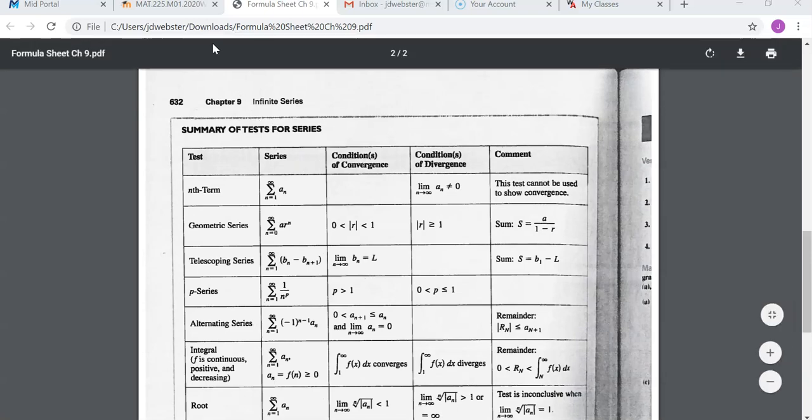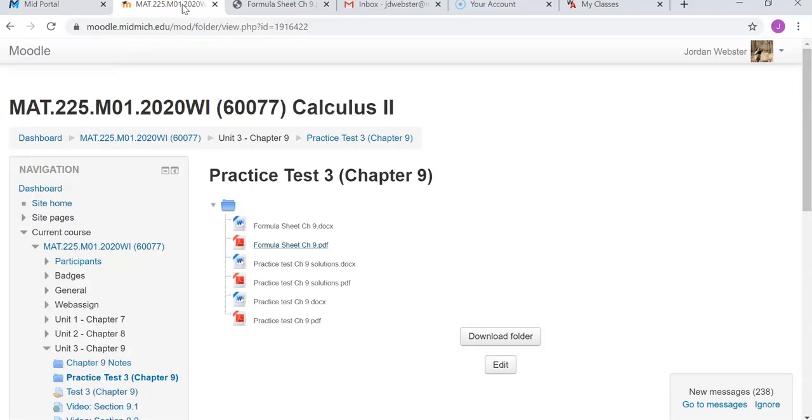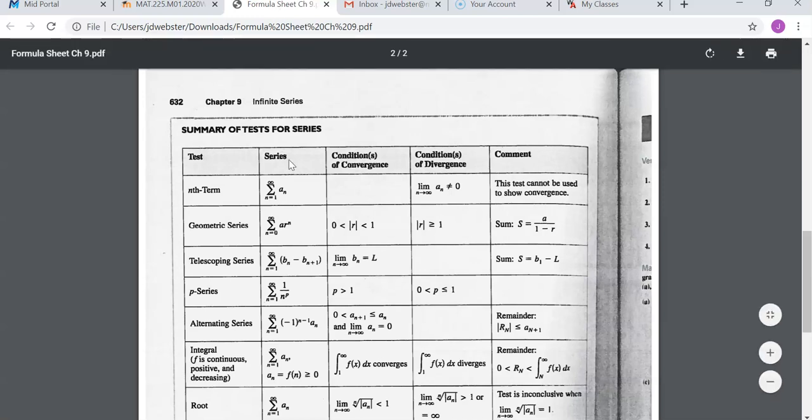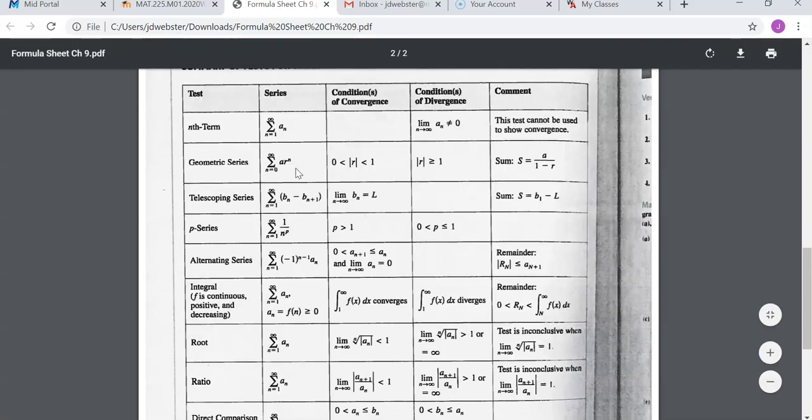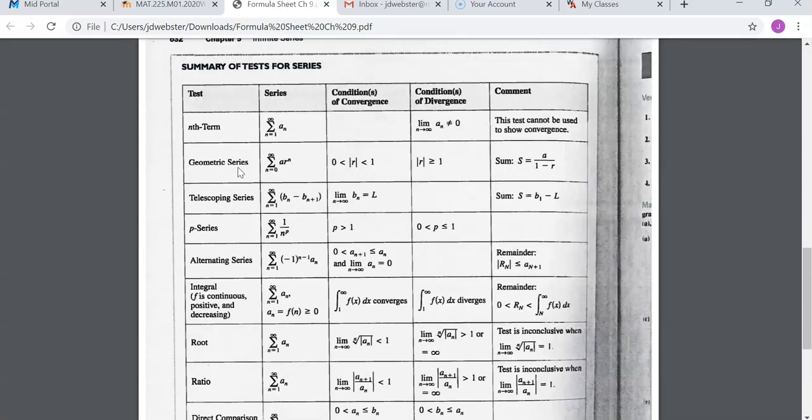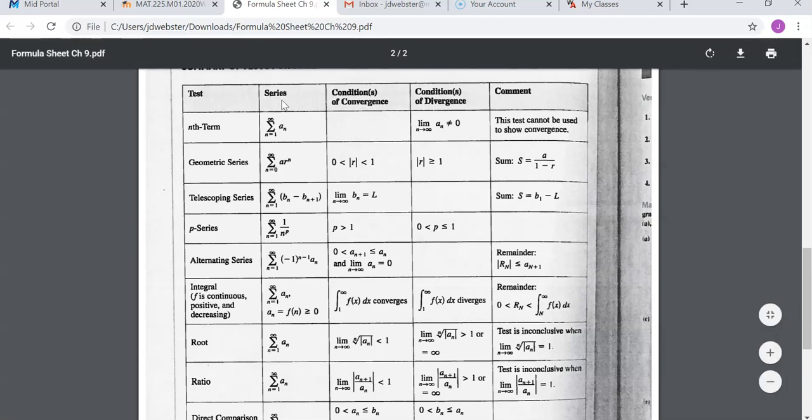What I've clicked on here is, in our Moodle shell, practice test 3. If you click on the PDF version of the formula sheet, the second page will give you the summary of tests. So you can see a geometric series. It lists out what the series should look like. And then the condition for convergence says if the absolute value of r is between 0 and 1.